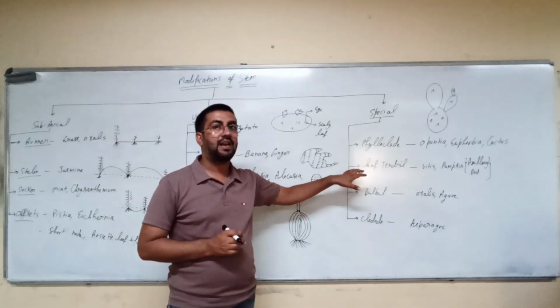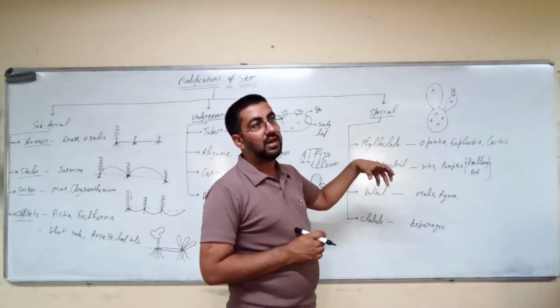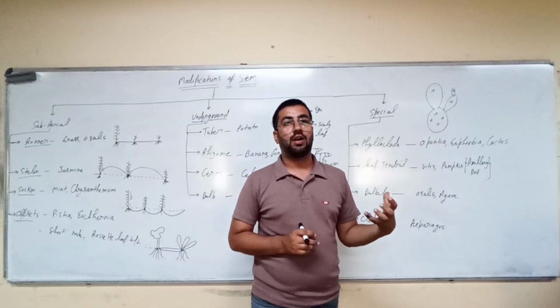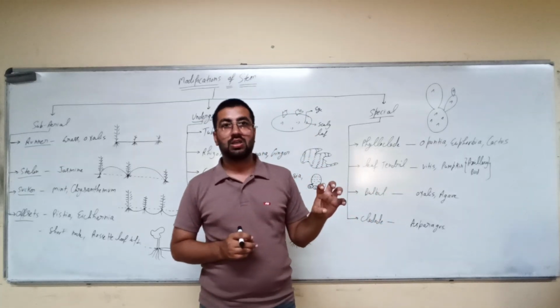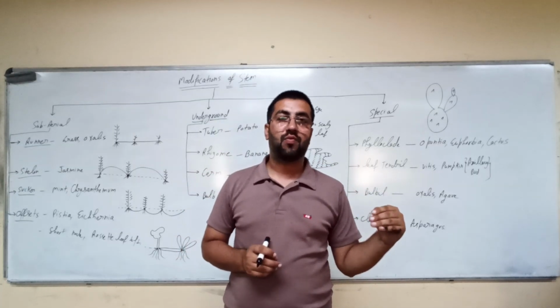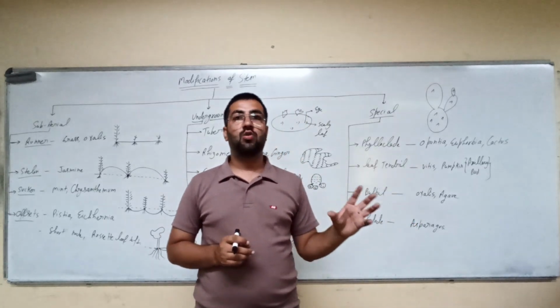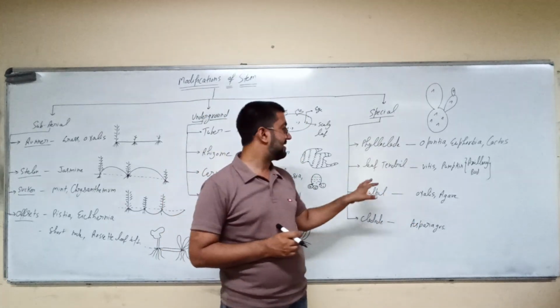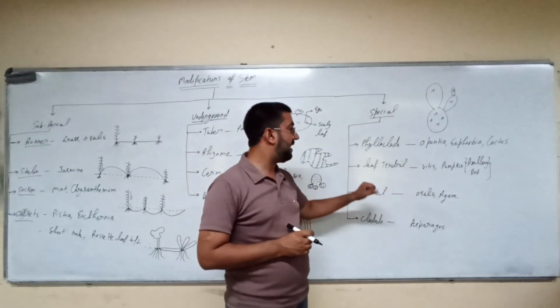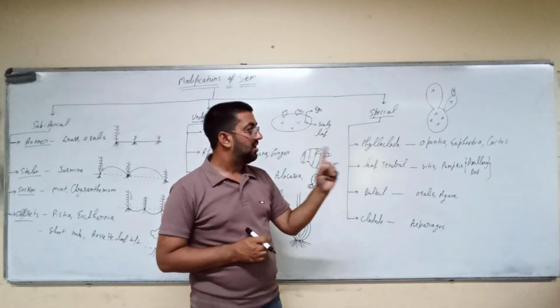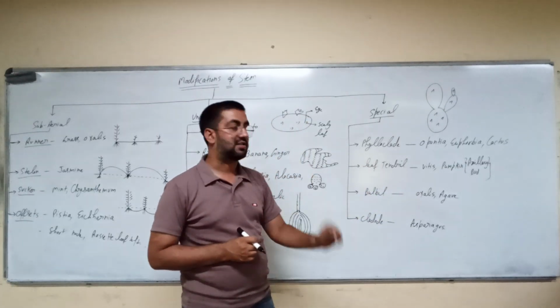Tendril is a part which is used to climb and to hold things, to climb any type of climber along with the rope, the wall, or another plant. Again, they are green and curly, you can say spring-like structures.